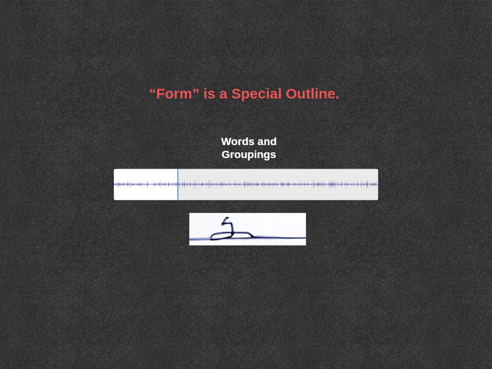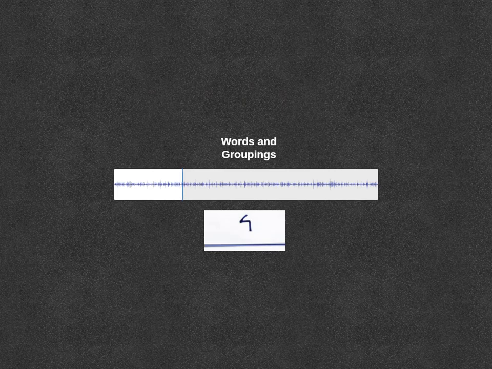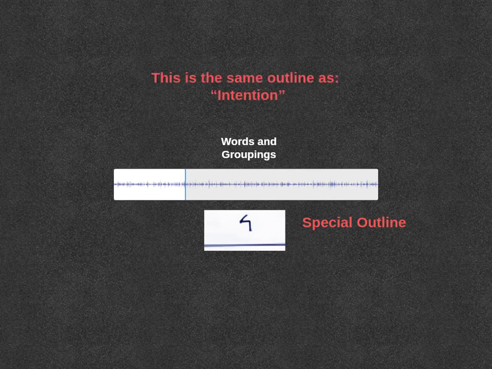So when we're employing that form in the word informed, we can still keep the FM blend. Information, on the other hand, is a special outline, and it's the same outline as intention. So information and intention are exactly the same because we cannot confuse one with the other.